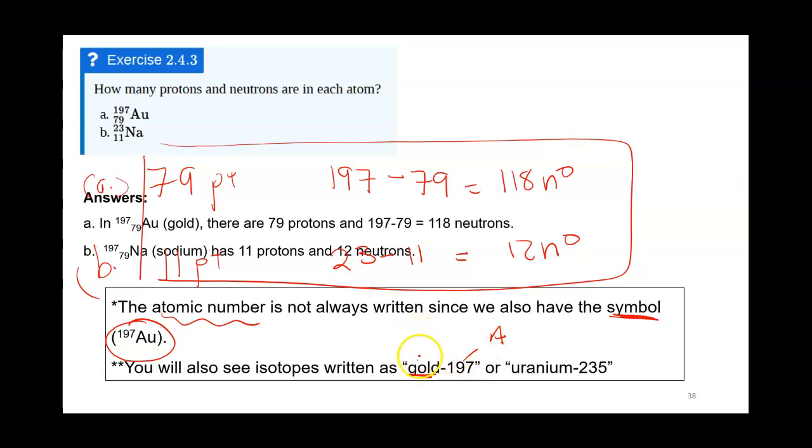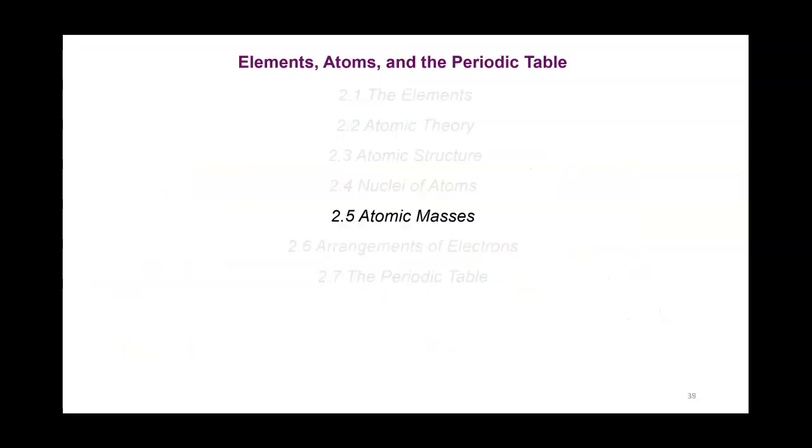And again, if we have the name, we can get the symbol, and from the symbol we can get the atomic number. So a few variations that you might see, and hopefully they don't cause you too much confusion. Okay, and that concludes the section on the nuclei of atoms.